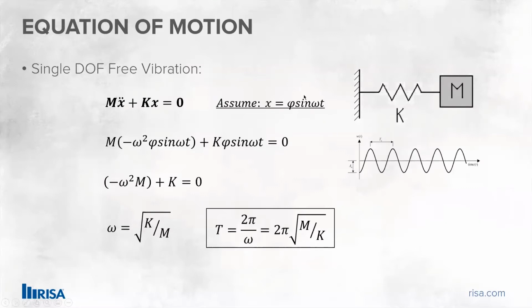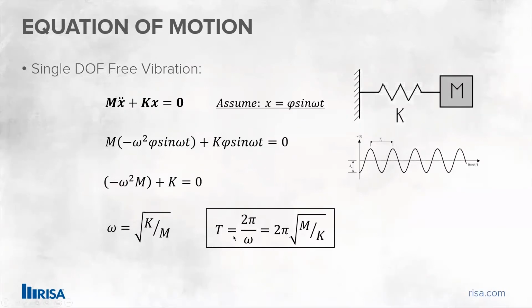If we're using a sine function over here, plug this value into the equation, we can cancel out the phi sine omega t, and we can get omega is equal to square root of k over m. Now, based on the definition of the period for a sine curve, T is equal to 2 pi divided by omega, which is equal to 2 pi square root of m over k.